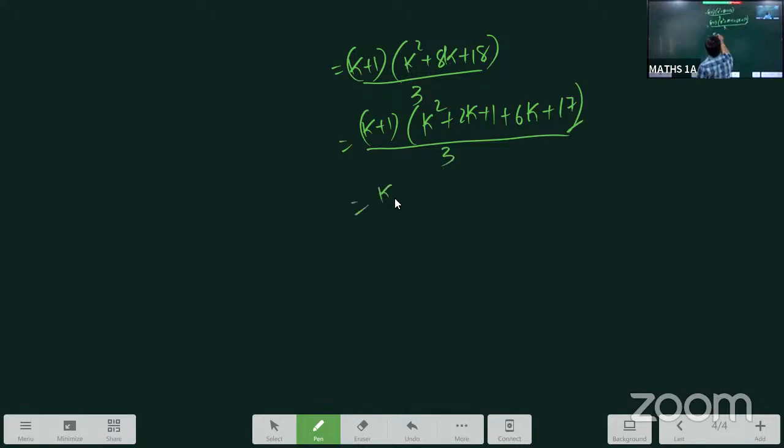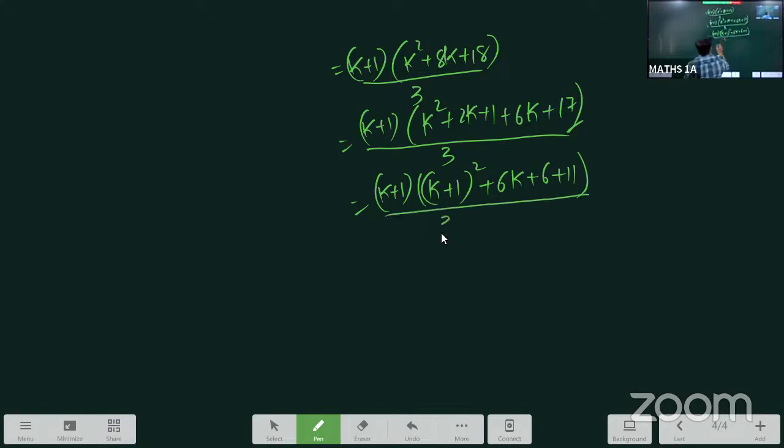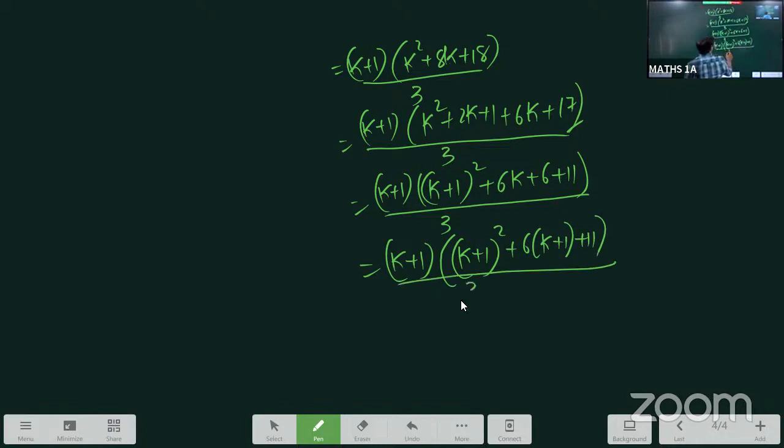That is nothing but k plus 1 into k plus 1 whole square, and 6k plus 6 plus 11 by 3. That is k plus 1 into k plus 1 whole square plus 6 common k plus 1 plus 11, divided by 3. See, in your RHS, wherever I am having n, I got k plus 1.